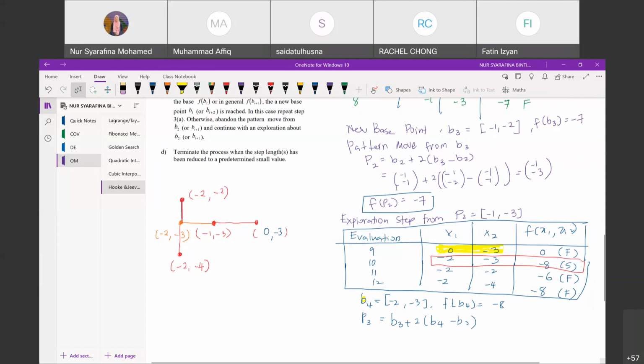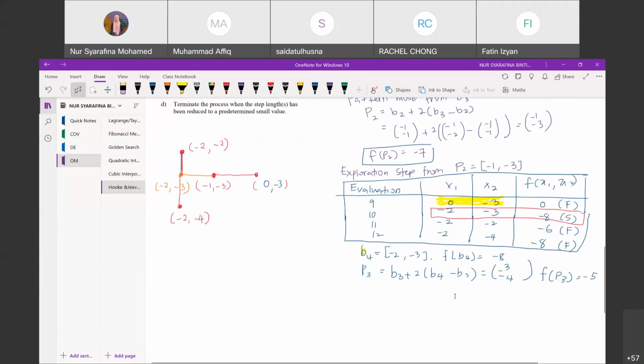Okay, I'm going to stop at 10. So now P3. So P3 here is given by, let me check, -3 minus 4, F P3 minus 5. Okay.